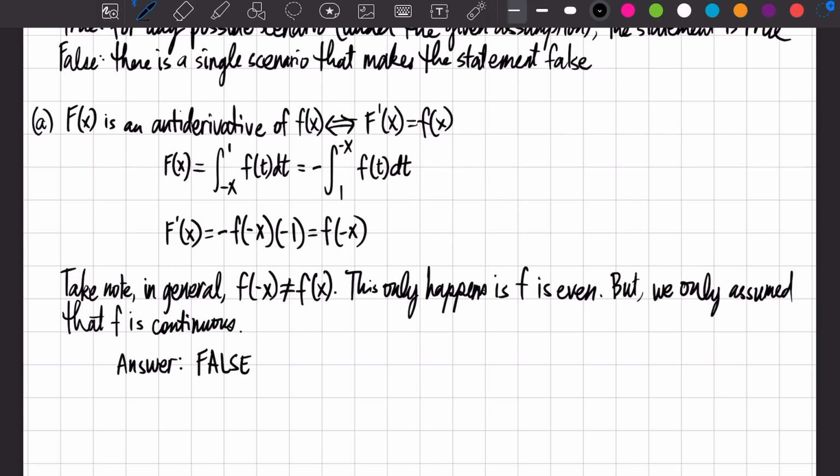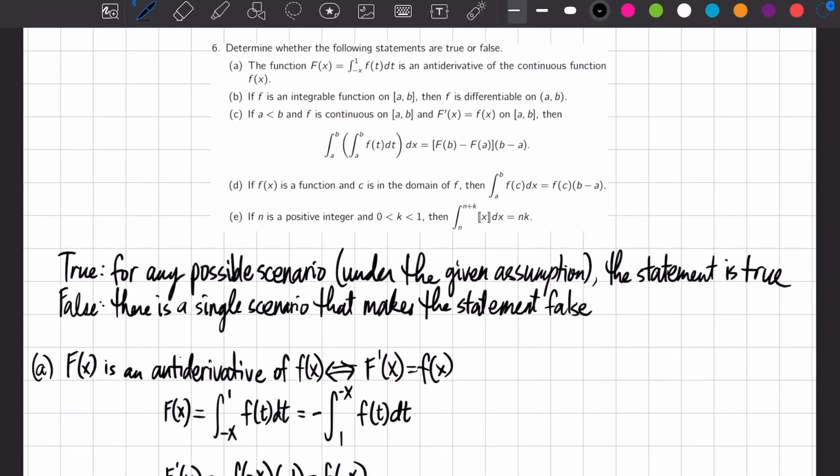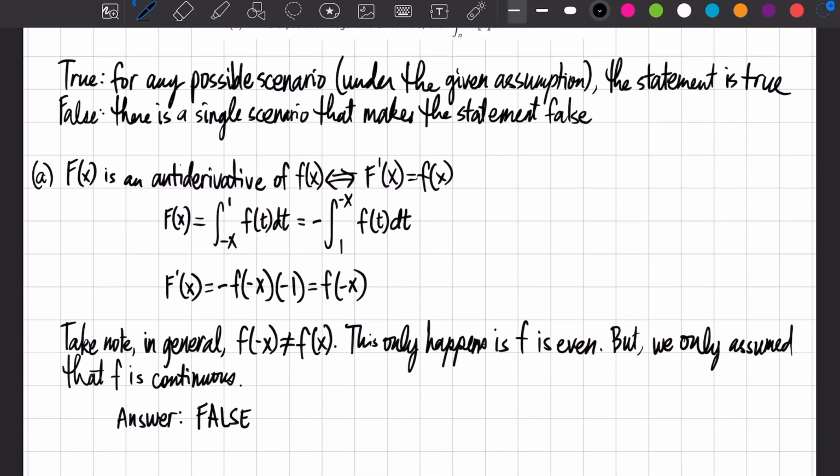So let's proceed to letter B. For letter B, if f is an integrable function on the closed interval AB, then f is differentiable on the open interval AB. So let's recall this implication. Differentiable implies continuous, implies integrable.